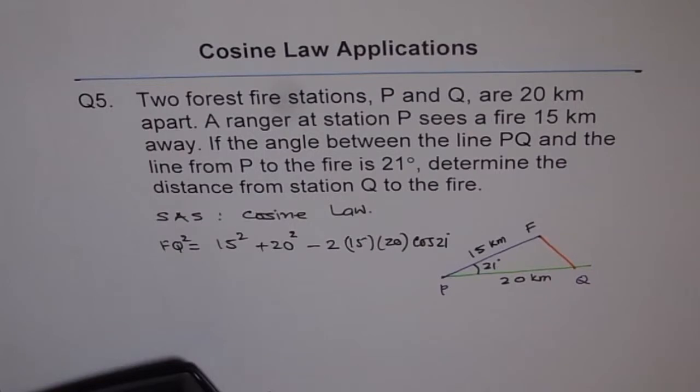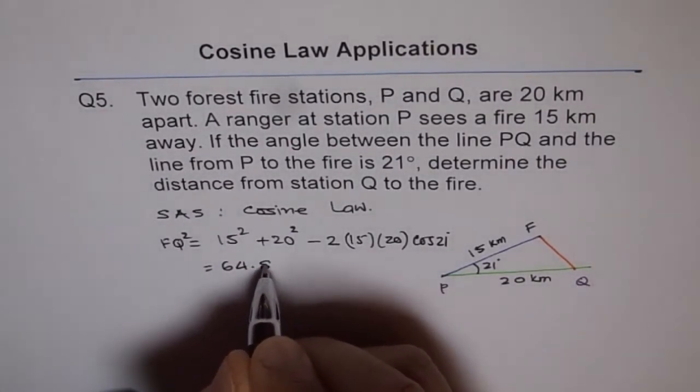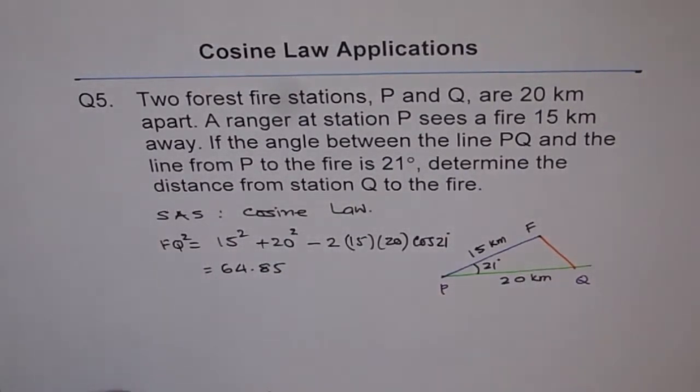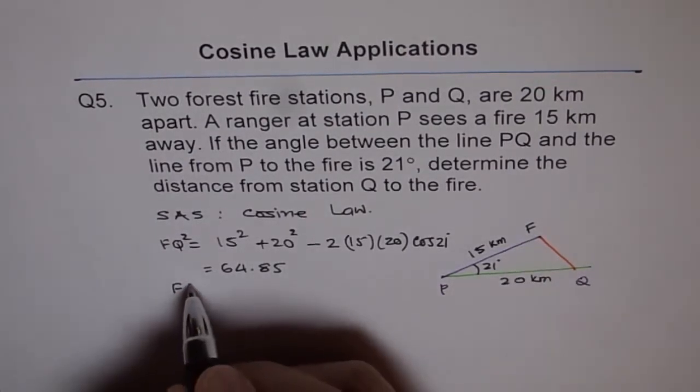So 15 square plus 20 square minus 2 times 15 times 20 times cos of 21 degrees equals 64.85. So remember, this is FQ square, and therefore what is the distance from the fire to the station Q?